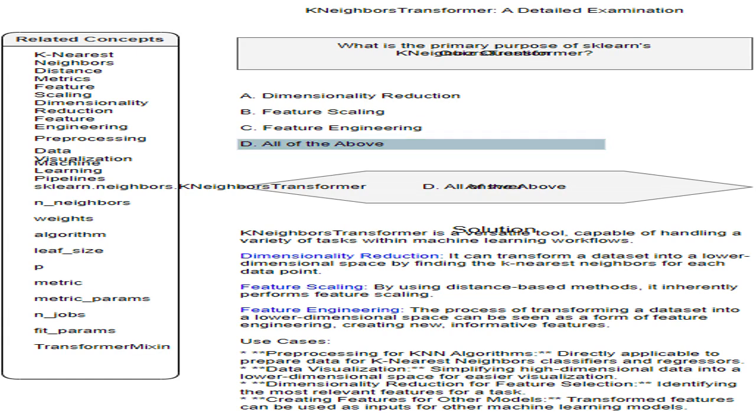All of the above. K-nearest neighbors (KNN) is a non-parametric machine learning algorithm used for both classification and regression. It works by finding the k-nearest neighbors to a given data point and using their labels or values to make a prediction. K-neighbors transformer is based on this principle.